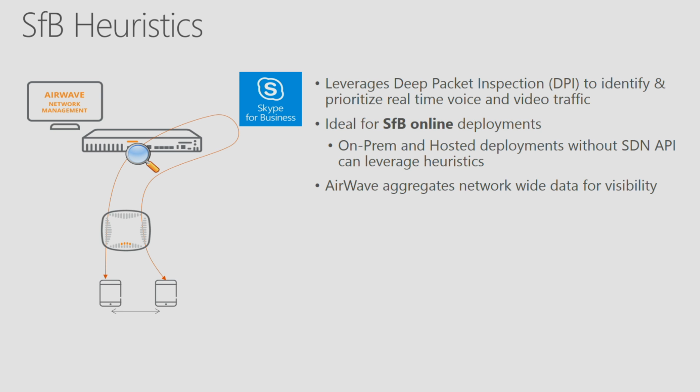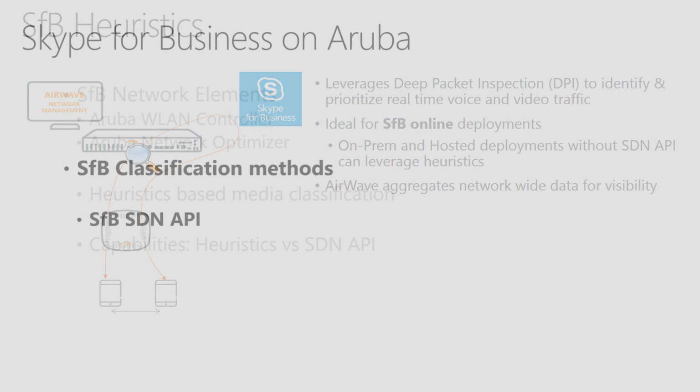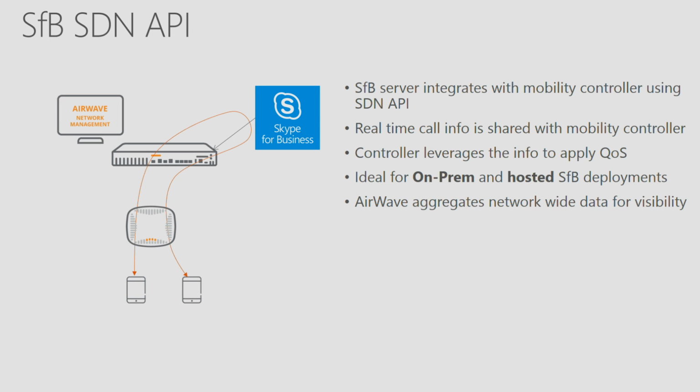They have plans, but they haven't supported it. If you have that deployment, you need to use heuristics. The second method is the SDN API, which is ideal for on-prem and hosted deployment, and it gives you a lot more visibility and troubleshooting information. All this troubleshooting and visibility information is aggregated on a network management platform called AirWave, which I'm going to demo in a bit.